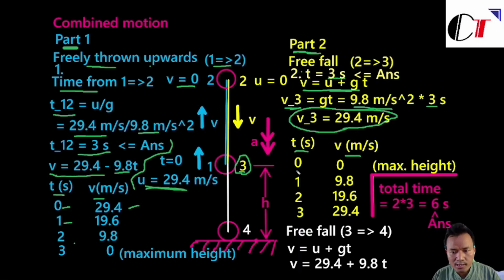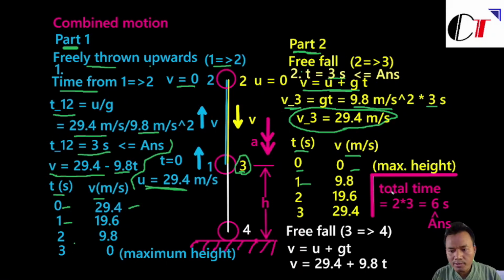Initially at maximum height the speed is 0, and then it attains speed, and the slope is 9.8 meters per second within every 1 second. So the first 1 second is 9.8, after 2 seconds you have 19.6, and after 3 seconds you get 29.4 meters per second. So this is the way it is speeding up, right?